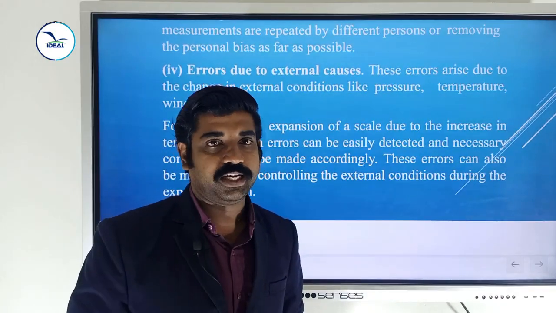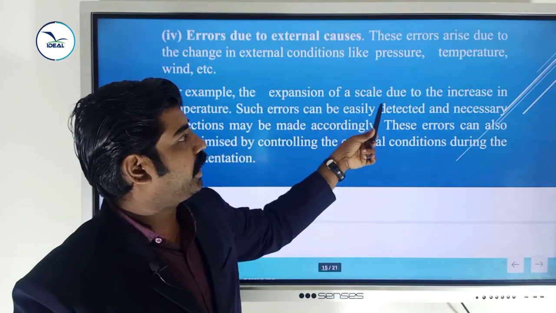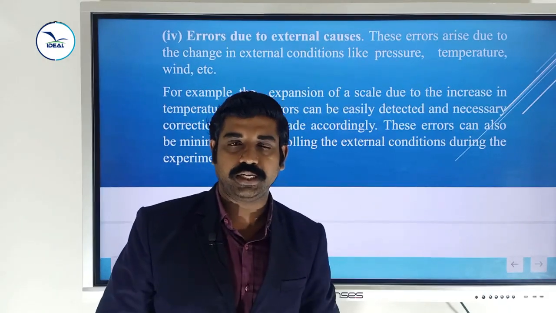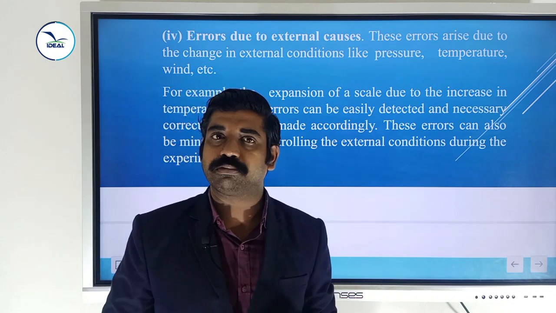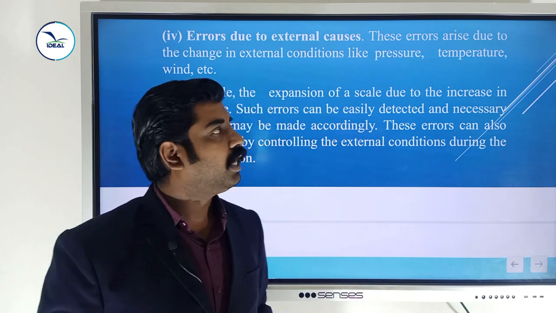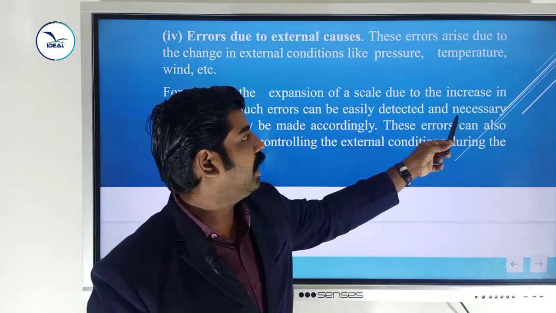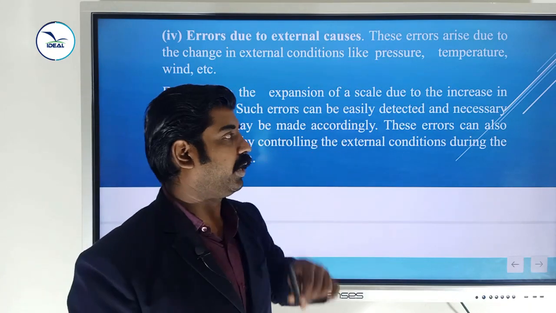That's also a systematic error. For example, the expansion of a scale due to an increase in temperature. If the temperature increases, the scale also expands, so the result may change. There is an error likewise. Such errors can be easily detected and necessary correction may be made accordingly.